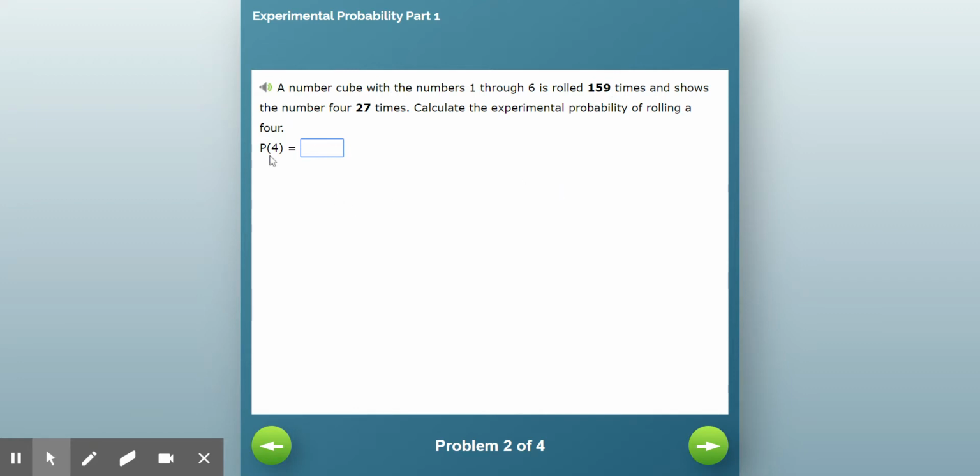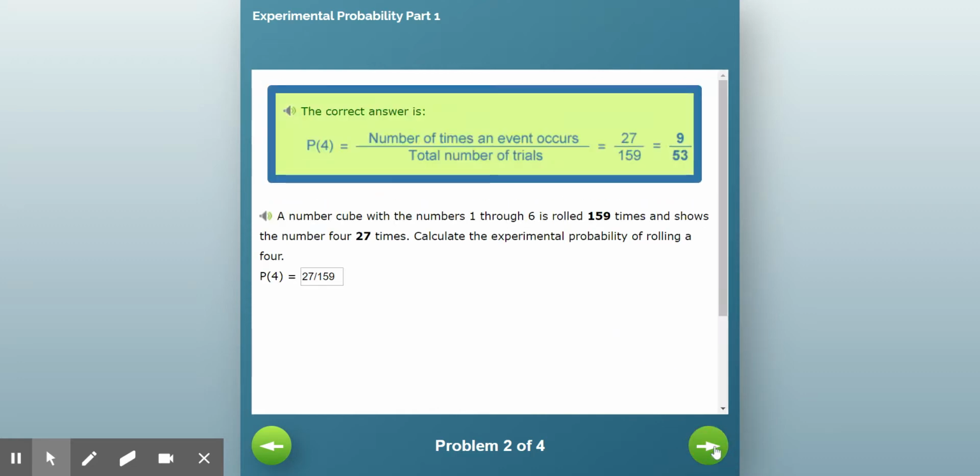So I'm looking for the probability that a 4 was rolled. So a 4 was rolled 27 times out of 159 times. And it could have been simplified to 9 over 53. Remember, always simplify it if it is possible.